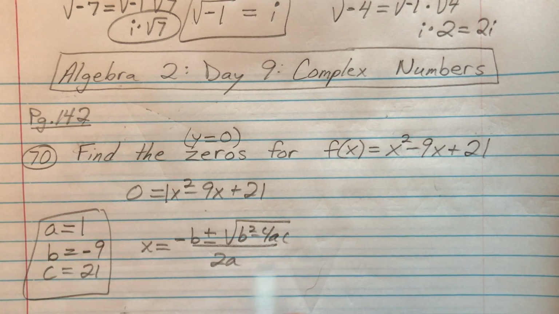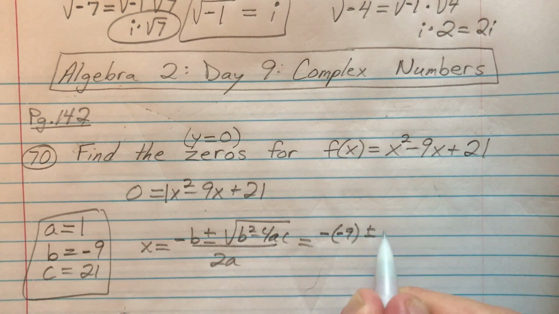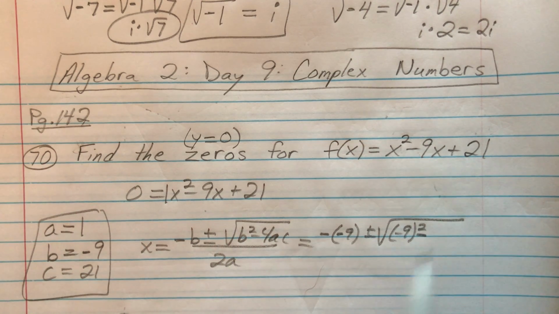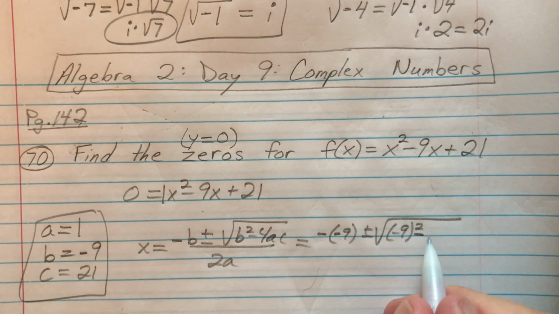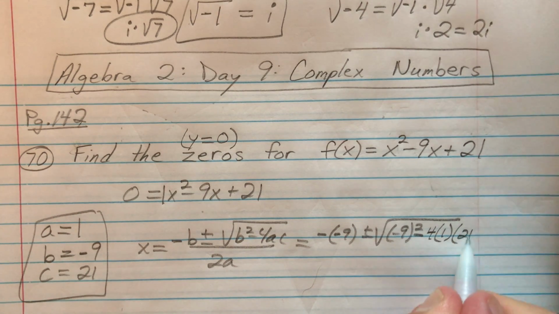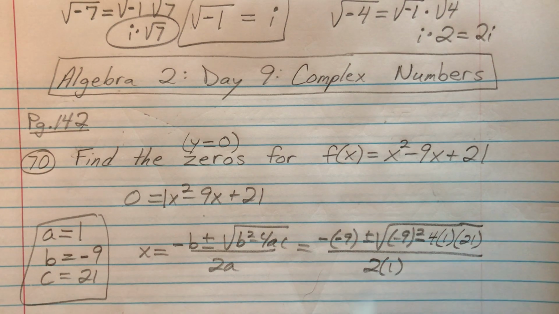So it would say negative b, 9, plus or minus radical negative 9 squared minus 4 times 1 times 21, all over 2 times 1.